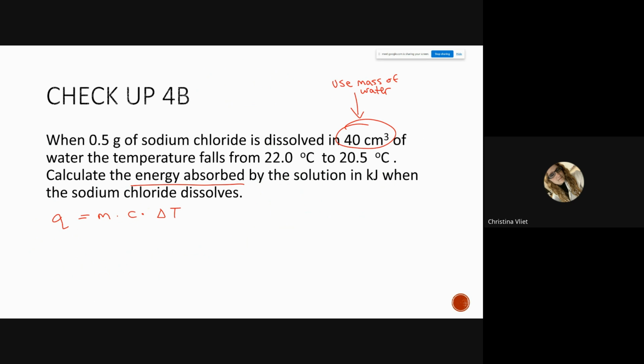All right, so let's take a look. Mass is 40. C is 4.184. Change in temperature. My suggestion is to do bigger number minus smaller number. 1.5. And so this will give you an energy transfer of.